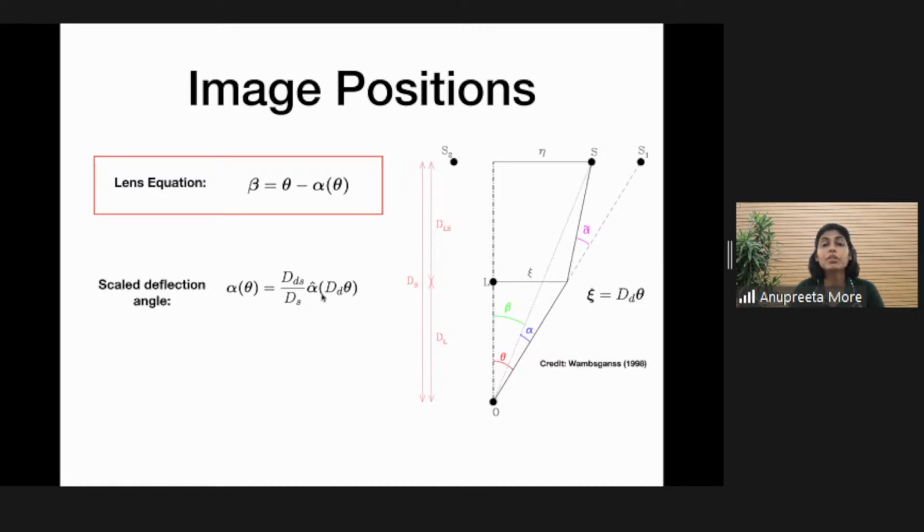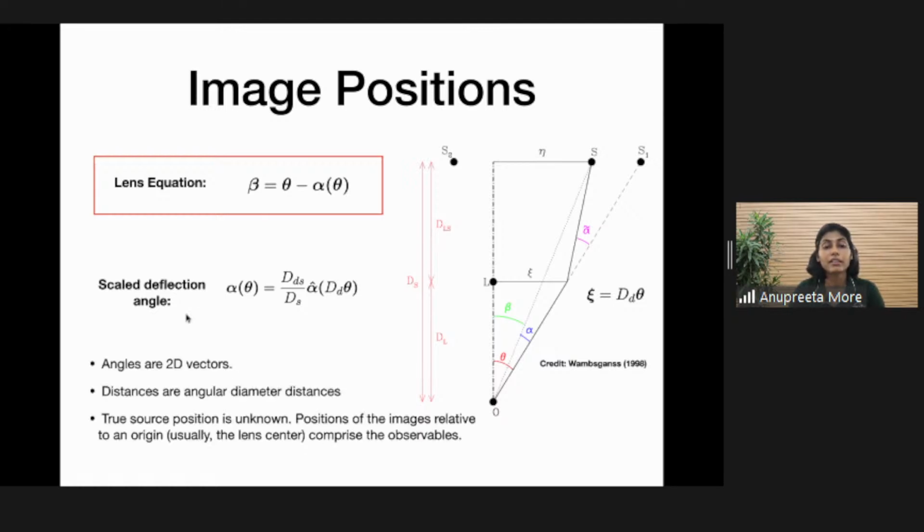And it is related to the true deflection angle alpha hat through this simple relation. And with the help of this, once you specify the properties of the lens object, which could be a galaxy, along with their distances, we can solve this lens equation, and we can determine what is the unknown source position.